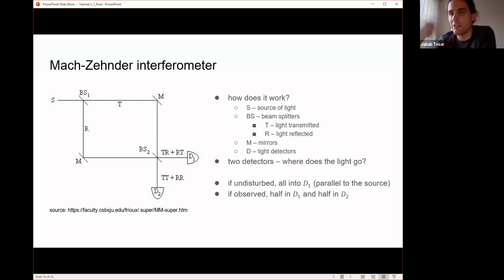So trying to distinguish between the upper or lower part of the experiment. In practice, how do you do this? One of the possibilities, at least intuitively, would be if you attach, for example, some fine spring measuring device to the mirror, and the idea is that if something is going through and reflected on the mirror, you will have a signal. So the question is whether you will get it here or here.